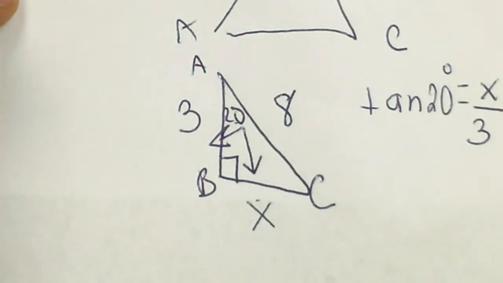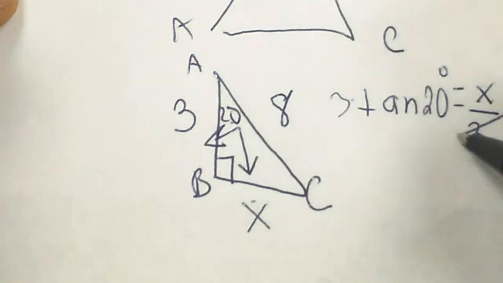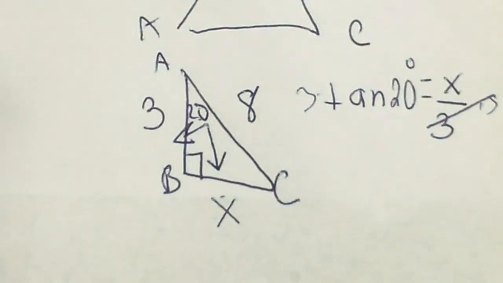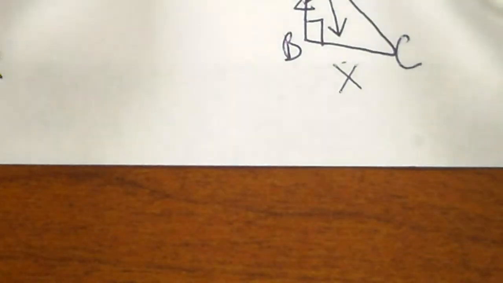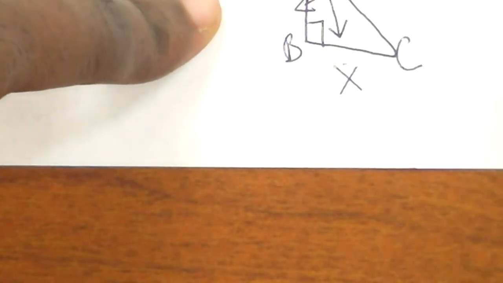I look at my answer choices, that does not exist, so the answer seems like it's in x form, so of course we multiply both sides by 3 to get rid of that denominator. And so let me see if 3 times tan 20 is there. No, it is not. So then that means I have to use another one. We're also given the 8.